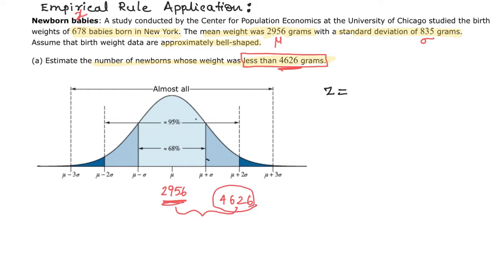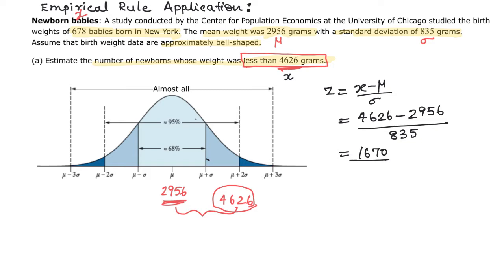So we will find z, that is x minus mu divided by sigma. x is 4626, minus mu, 2956, divided by sigma, 835. So that is equal to 2. This value is actually 2 standard deviations away from mu.